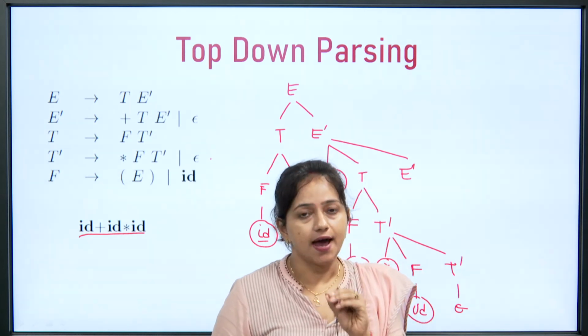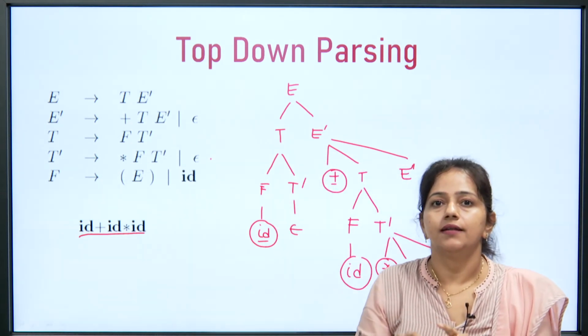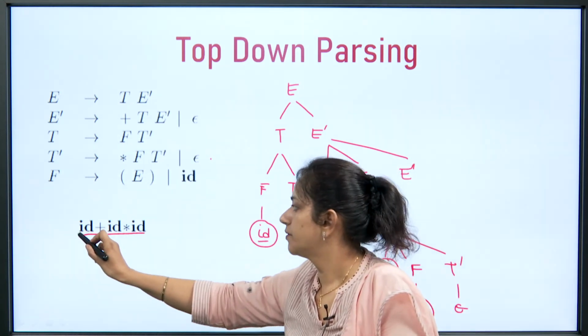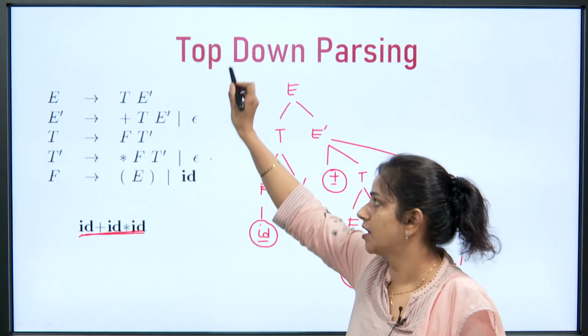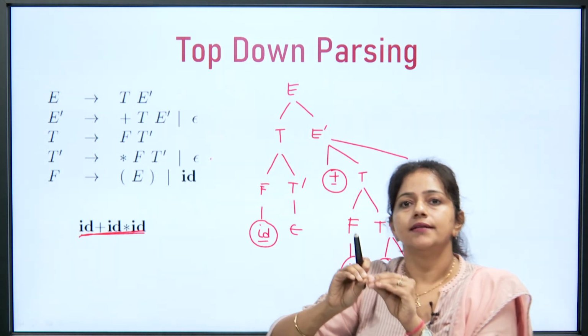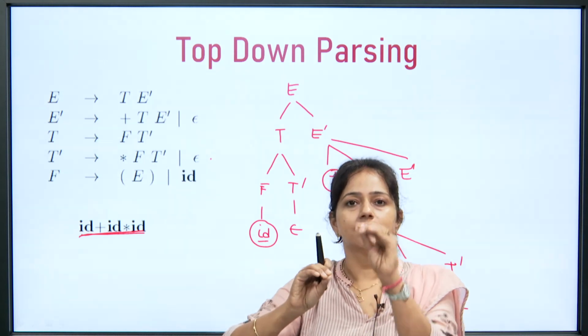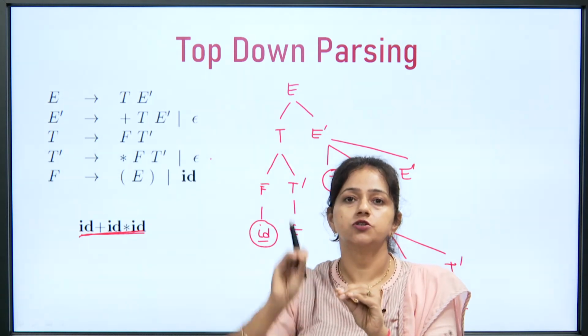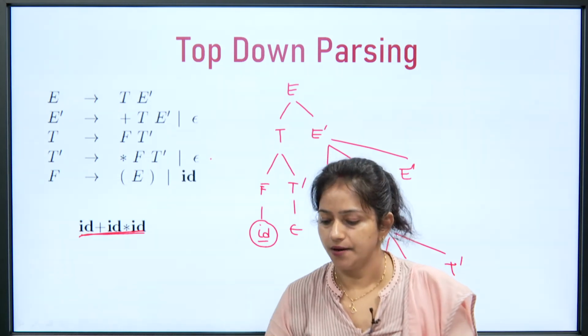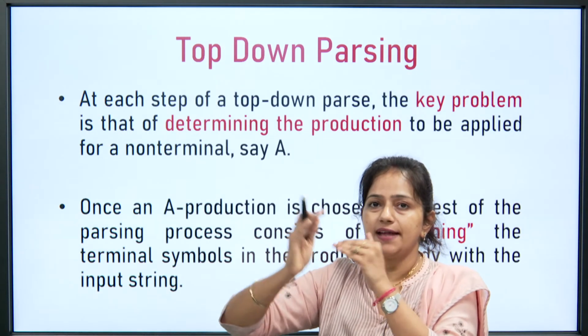So, we need to write a program that can select a particular production, means suppose this is the input symbol, and this is the whole set of productions, then we need to write some program that can take the decision, okay, at this particular point this particular production should be used. So, the key problem is to select the production, right, and then to do the matching part.